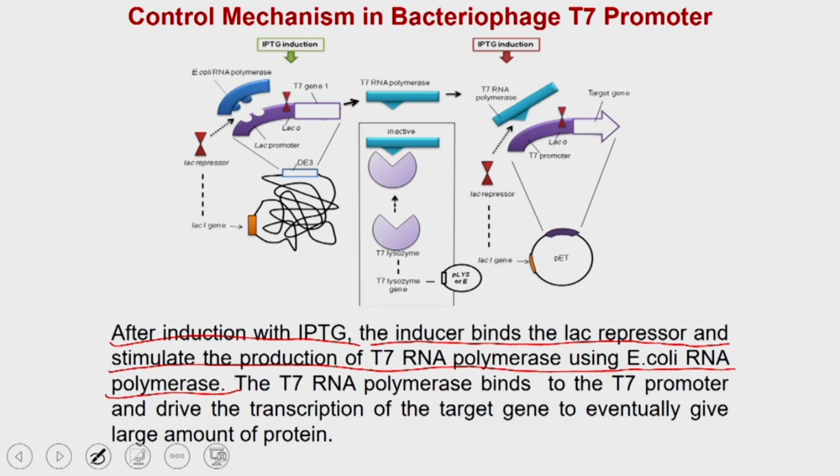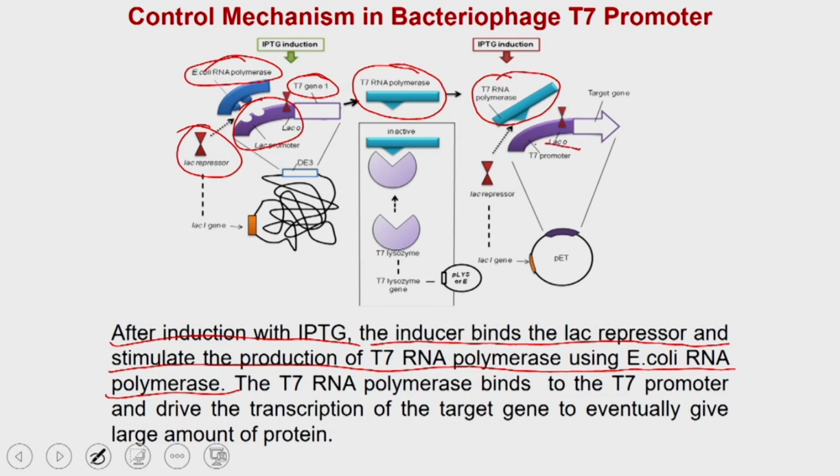Once you put the inducer, it allows the E. coli RNA polymerase to go and bind to the lac promoter, and under the influence of the lac promoter, you have the T7 gene which is going to produce the T7 RNA polymerase. Once the T7 RNA polymerase is produced, it will go and bind to the T7 promoter, and that will drive the transcription of the target gene.